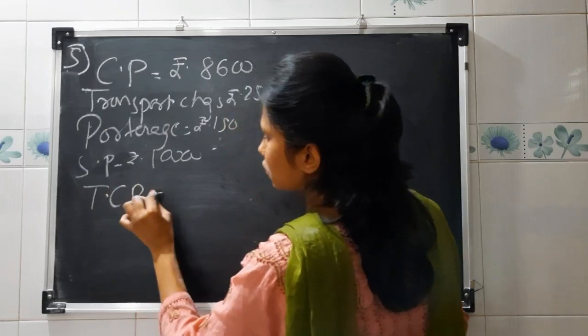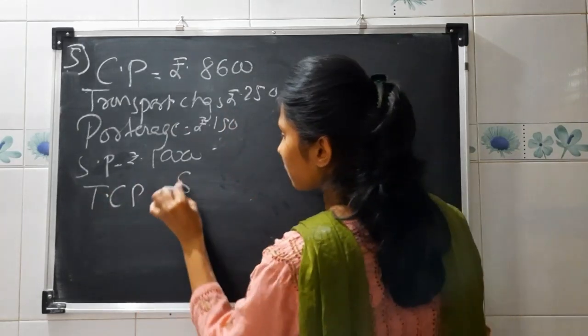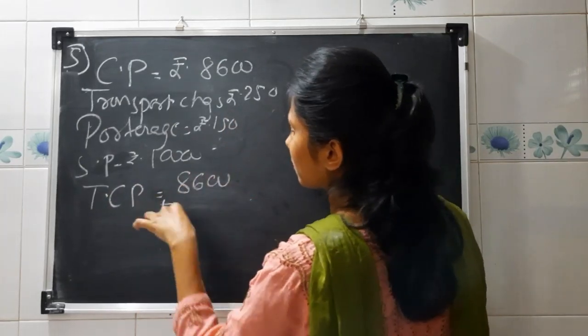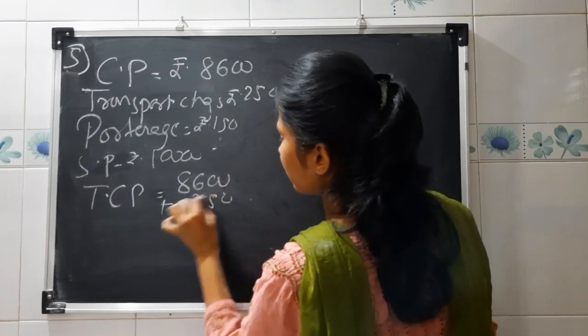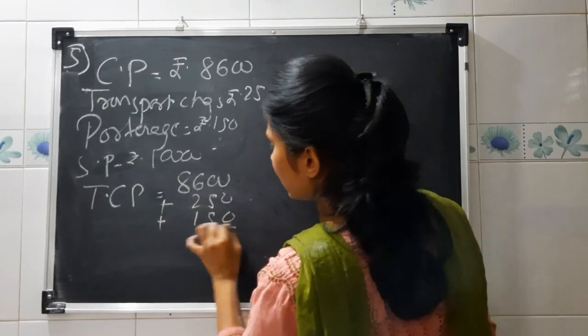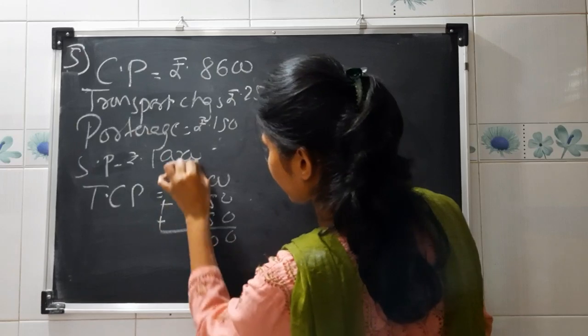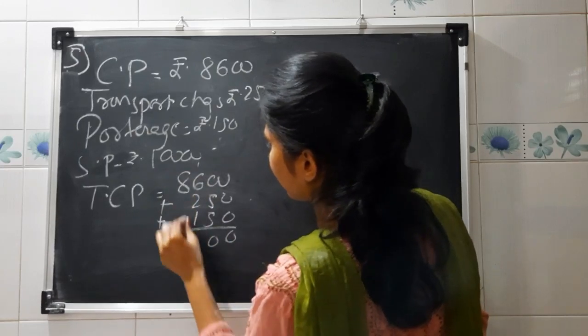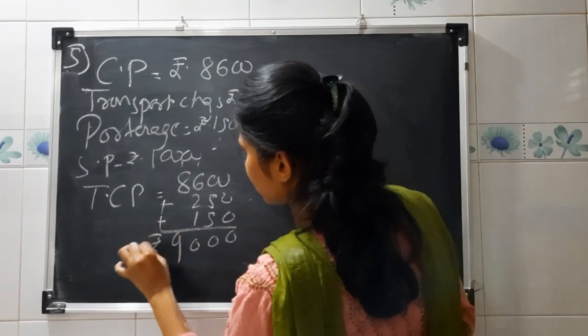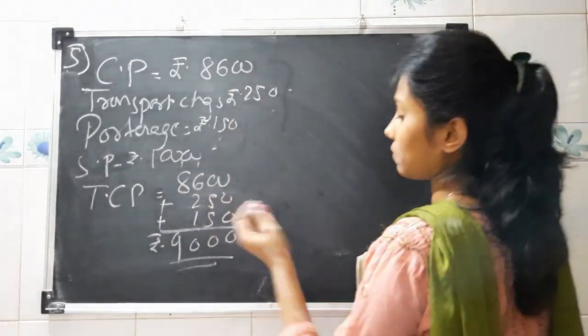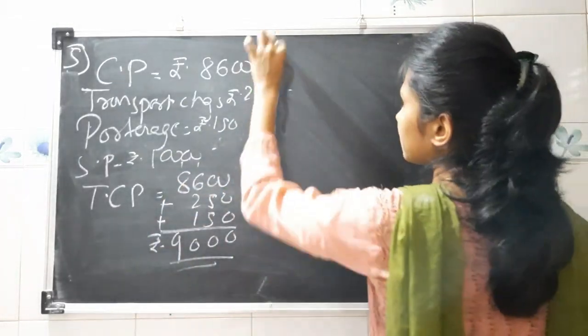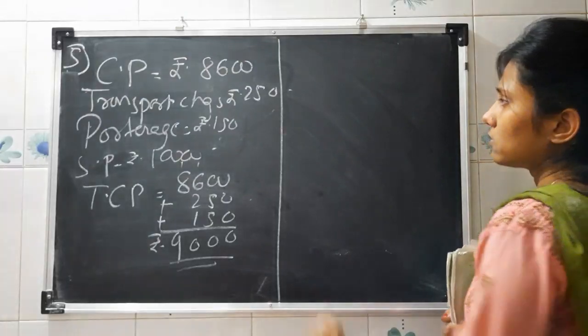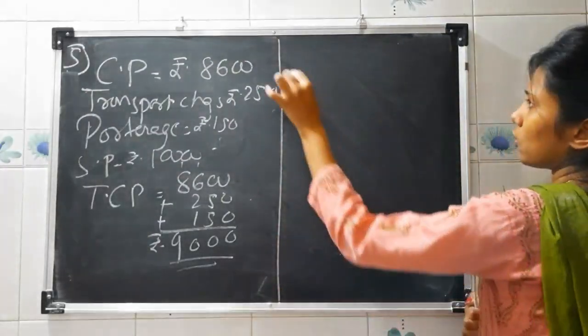So total cost price is equal to 8,600 plus 250 plus 150. Total cost price is rupees 9,000. Now you will find profit or loss.